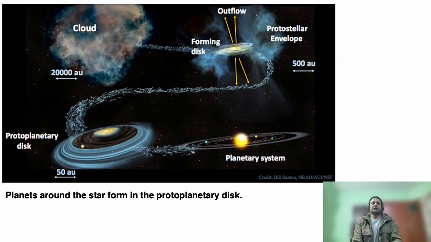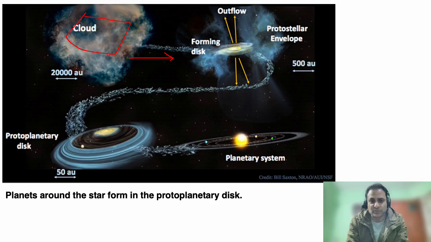Okay, this is a schematic diagram. In the start you have a gas cloud, and then this cloud starts to collapse on itself, and you make a protostar and a disk around the protostar, and then you have this gas envelope around the star.